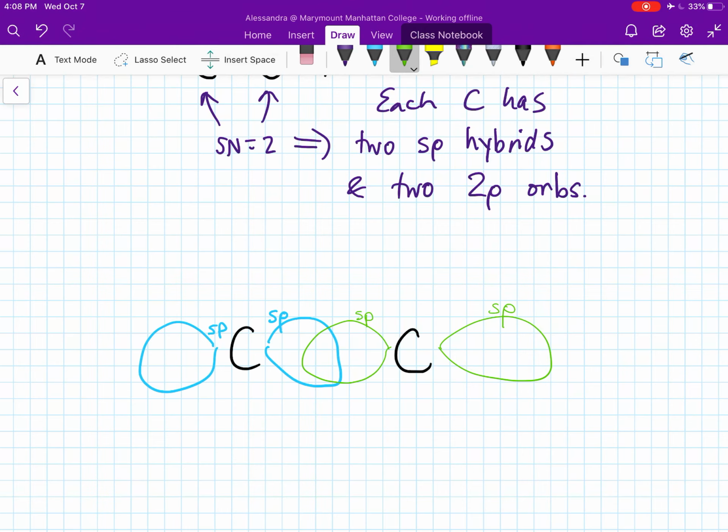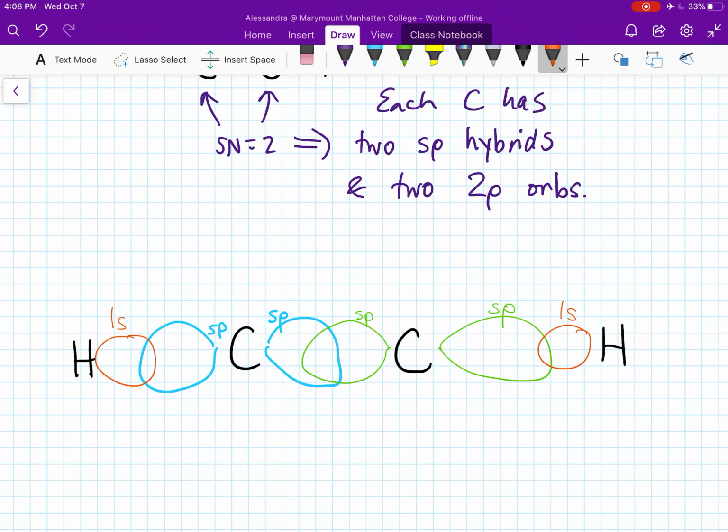So 2 sp hybrids on each carbon. Now, hydrogen, of course, has only its 1s orbital, which is spherical. I'm going to draw hydrogen's 1s over here, and it's the overlap of hydrogen 1s with carbon's sp hybrid that forms the CH single bond.